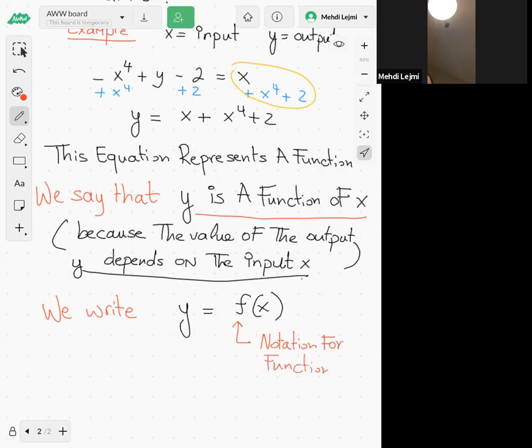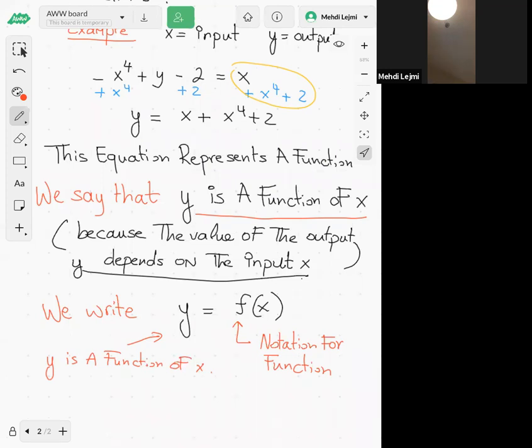When you see, guys, Y is equal to f of X, it means that Y is a function of X. So Y depends on X.